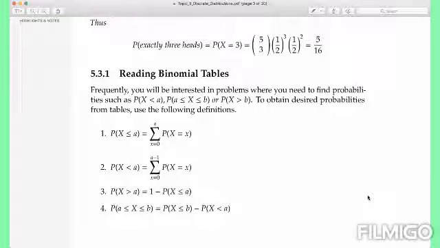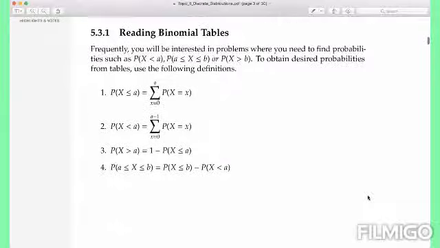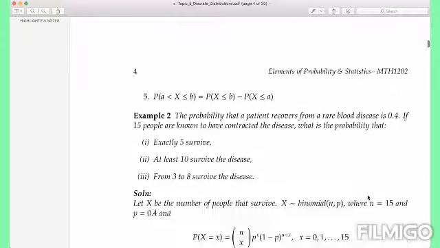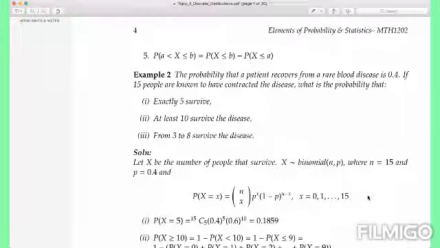That's why I want to illustrate an example using tables. Somewhere, somehow, you may need to use tables, but normally we don't dictate that you use tables or a calculator. But it's good to know how to use both, so that in a particular application you may be at ease.